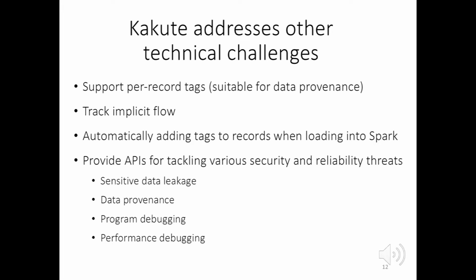Third, Kakute can automatically add tags to records when loading them into Spark. Finally, Kakute provides an easy-to-use API for building applications for various security and reliability tasks. We have built 4 applications, including data provenance, information flow control, debugging, and performance tuning.